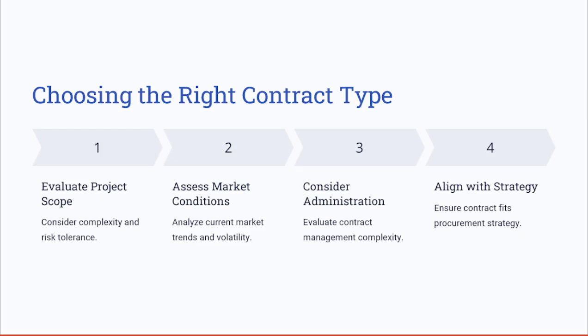The cost reimbursable contracts work best for high-risk projects requiring adaptability and flexibility. The time and material contracts are ideal for temporary staffing or consulting services where flexibility is needed. Ensuring the contract selection aligns with the overall procurement strategy minimizes the risks and enhances the vendor collaboration.